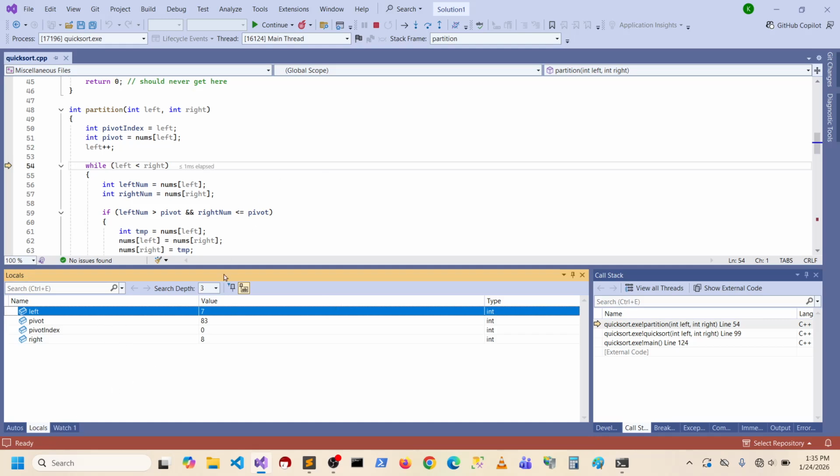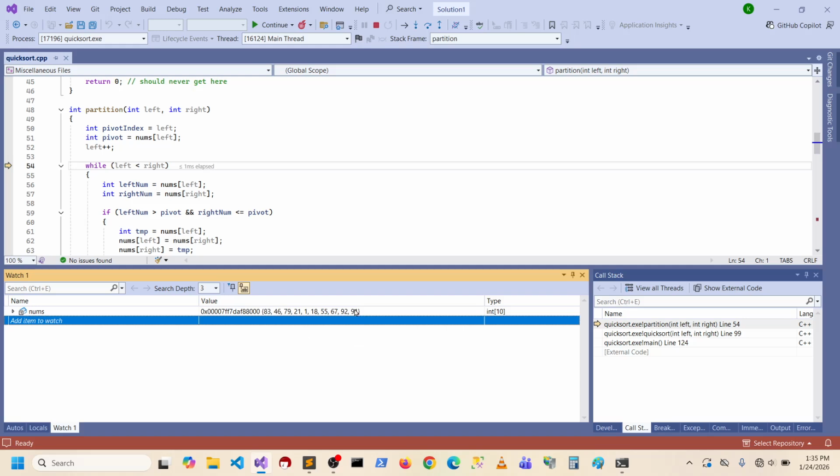So now left is at 7, 8. Right is on 8, 9, 8, 7. So now we're 67 and 92. Neither one of these needs to be swapped.